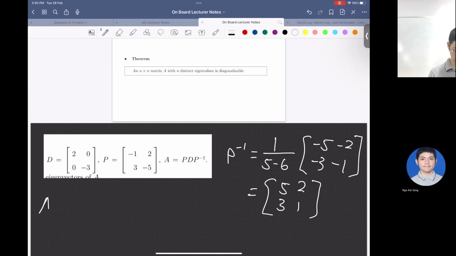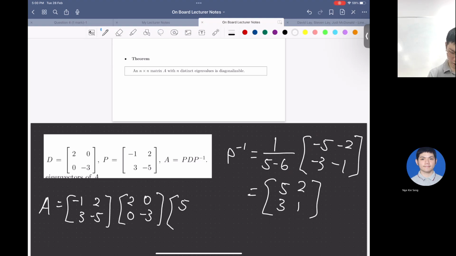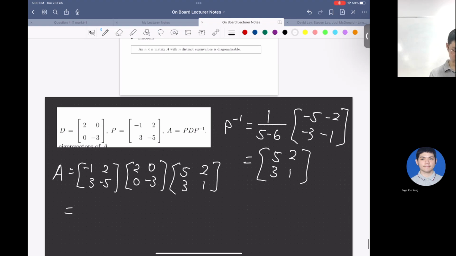So let's compute what A is. A equals minus 1, 2, 3, minus 5 times the diagonal, and then times the inverse. Let's get what this is. Minus 2, and then 6, 15, times 5, 2, 3, 1. What do we get?